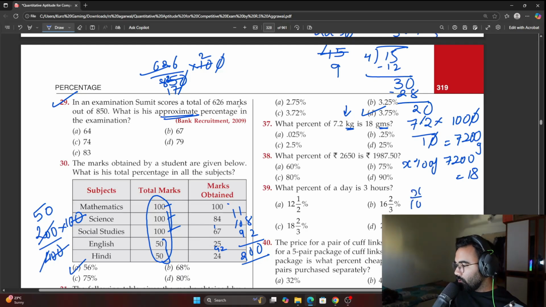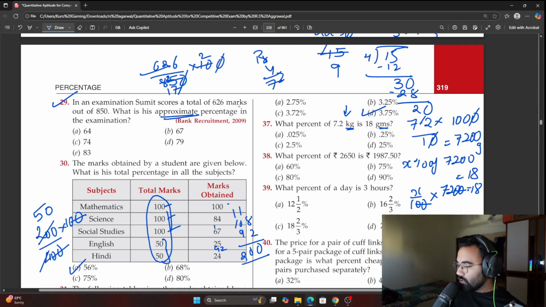So x upon 100 into 7200 is equal to 18. 00 is cut. 18 fours, is it or no? 8 fours are 32.